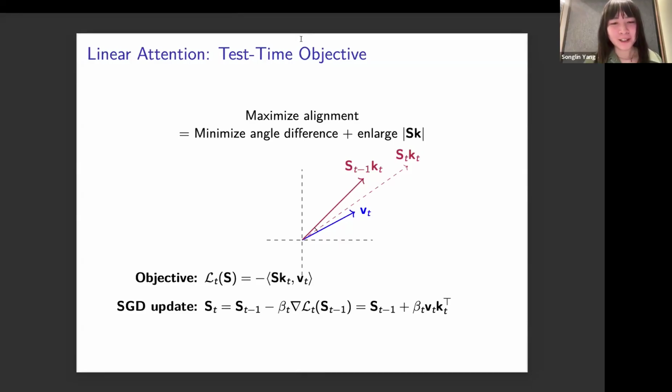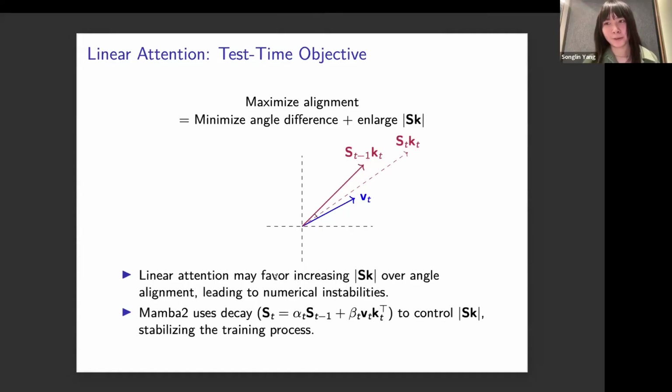For linear attention, we have a very simple objective. This is just a first order inner product between the transformed key and the value. Like we said before, we want to do some sort of regression to recover the value based on the key. If we minimize the negative inner product, or equivalently maximize their inner product, there are two ways to do so.